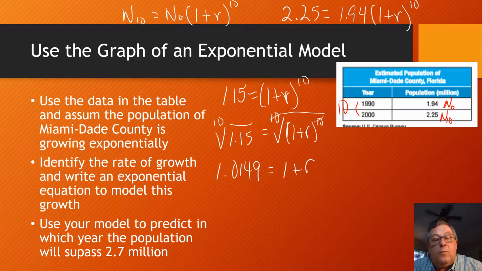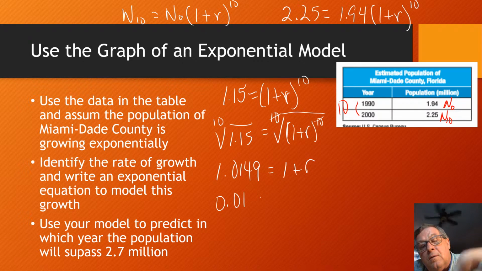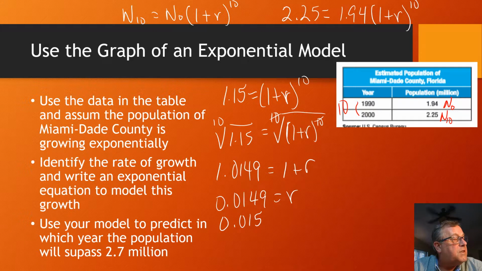And then if I subtract 1 from both sides, I end up with 0.0149 equals the rate. And maybe I want to round that off to 0.015, or 1.5%.